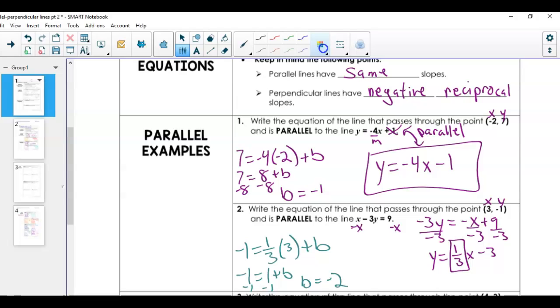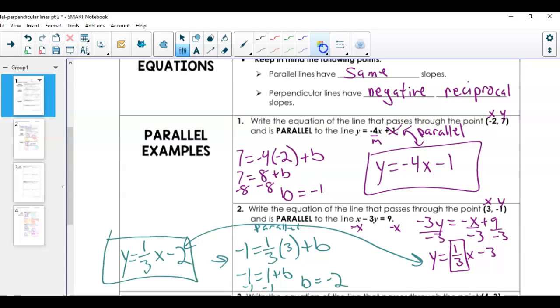So my new equation is y equals 1/3 x, and my new y-intercept is -2. This is parallel to my original. And that's what we're trying to find, that new equation that would be parallel to the original.